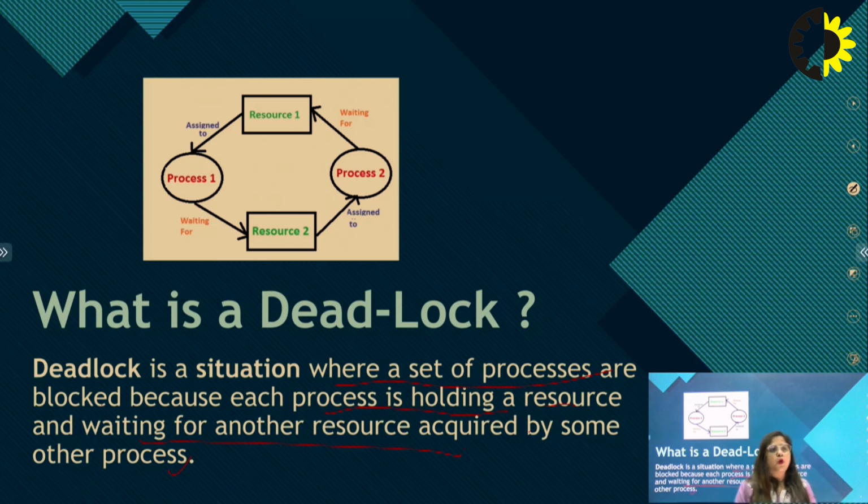Here there are two processes, process 1 and process 2. These processes are indicated by circles, and these are the resources.